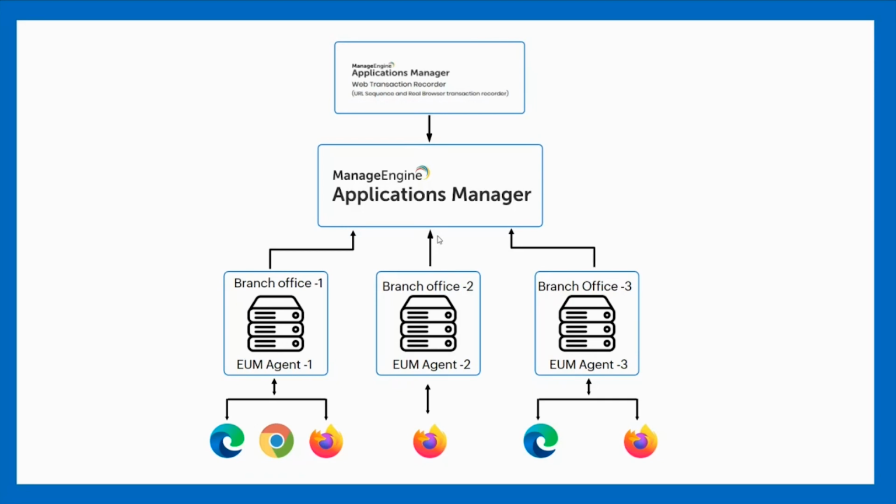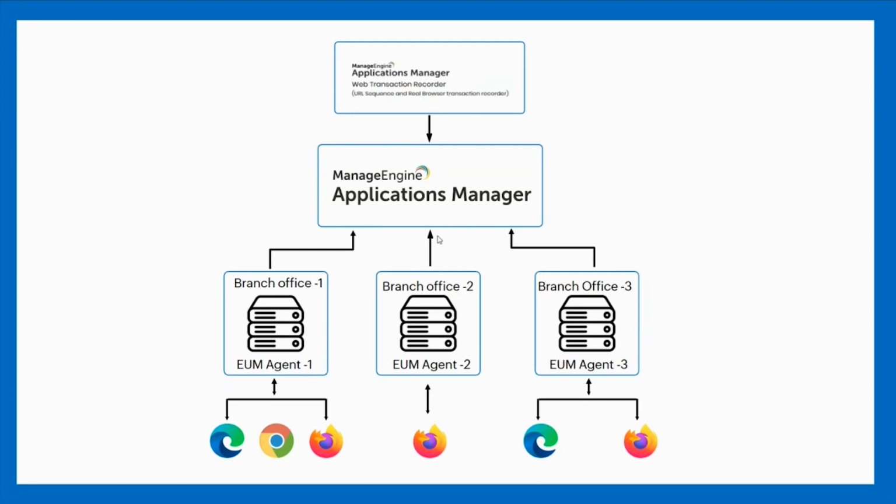Then, you can record the transaction of filling and registering from your main office. This same transaction will also be performed in all your branch offices using this EUM agent, which will then send the data to Applications Manager. This way, you can check if this critical workflow functions without any errors in all the desired locations.